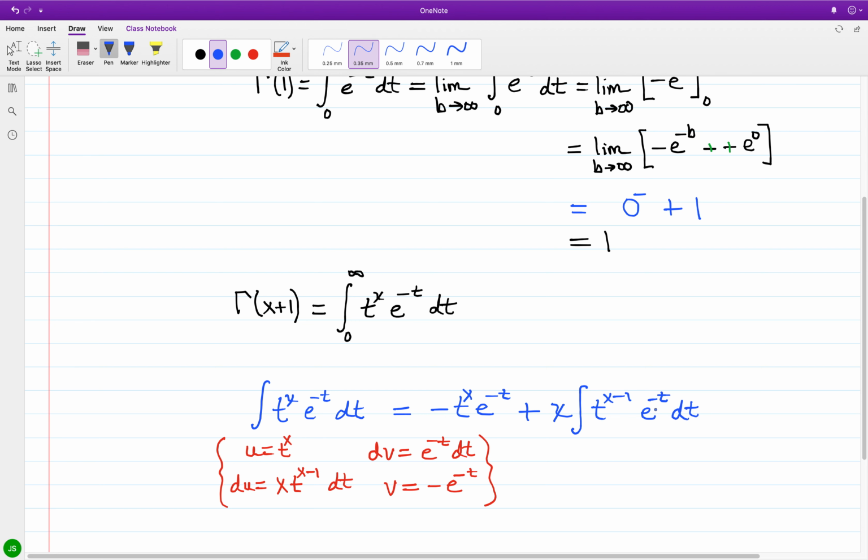And in looking at what we have, applying the improper integral, if I take the limit as b approaches infinity, I have t going from 0 to b of t to the x times e to the negative t dt.